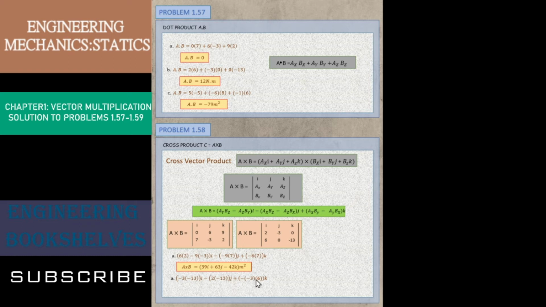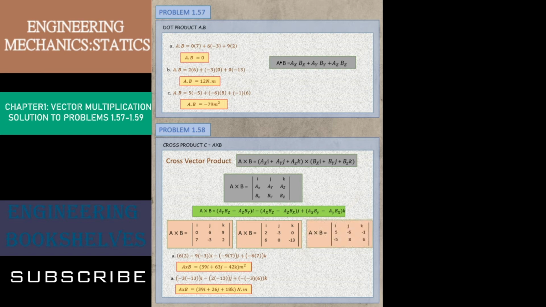For k, plus 2 times 0 minus negative 3 times 6. Therefore, negative 3 times negative 13 is positive 39, then negative 2 times negative 13 is positive 26, and negative times negative 3 times 6 is positive 18k. So we have our answer for B.